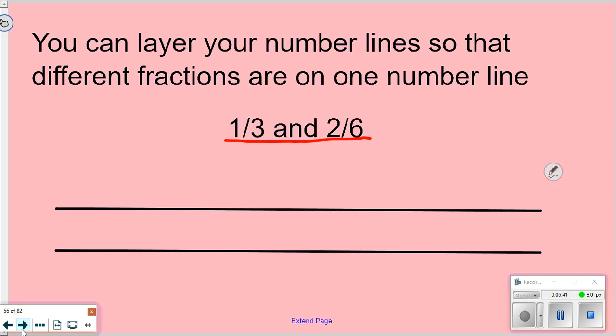So my first number line, if I want it to show thirds, how many pieces do I need on that number line if I'm going 0 to 1? I'm going to wait till I see every single person's hand. On that first number line, if I'm showing thirds, how many pieces do I need?